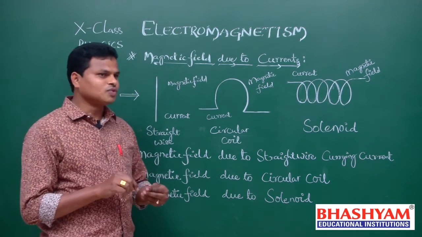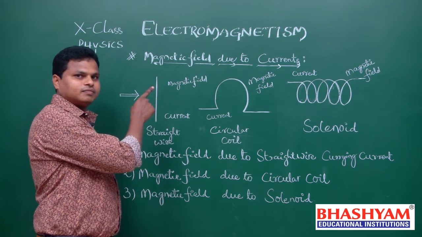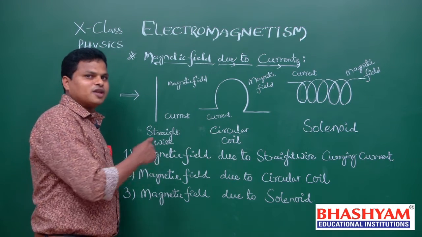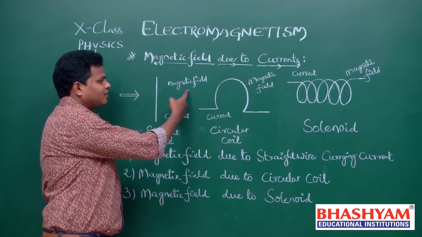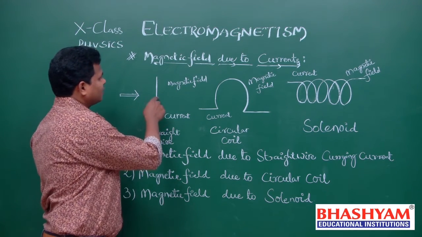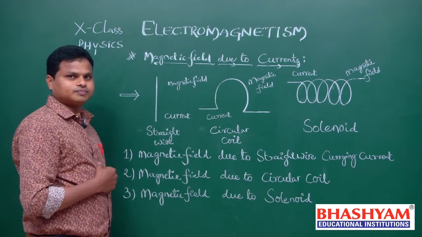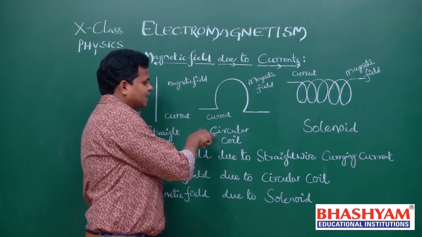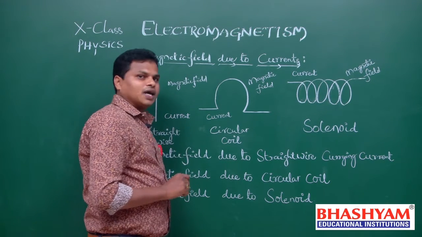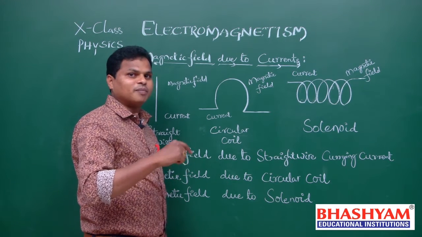Now, when current passes through the straight wire, according to Oersted's experiment, you know that the wire produces a magnetic field. Whenever current passes through the wire, a magnetic field is produced around the wire. Whenever current passes through the circular coil, according to Oersted's experiment, the current carrying wire produces a magnetic field.